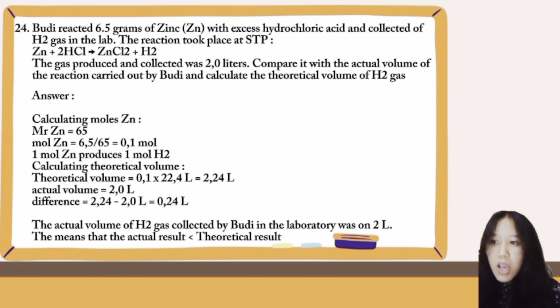Maybe even though hydrochloric acid is in excess, the reaction may not take place up to 100% conversion due to insufficient reaction time or the addition of impurities that inhibit the reaction, or errors in measuring the mass of zinc, inaccuracy in reading the gas volume, or environmental conditions that deviate slightly from STP, such as room temperatures higher than 0 degrees Celsius, which cause the gas volume to expand so that the reading is inaccurate.